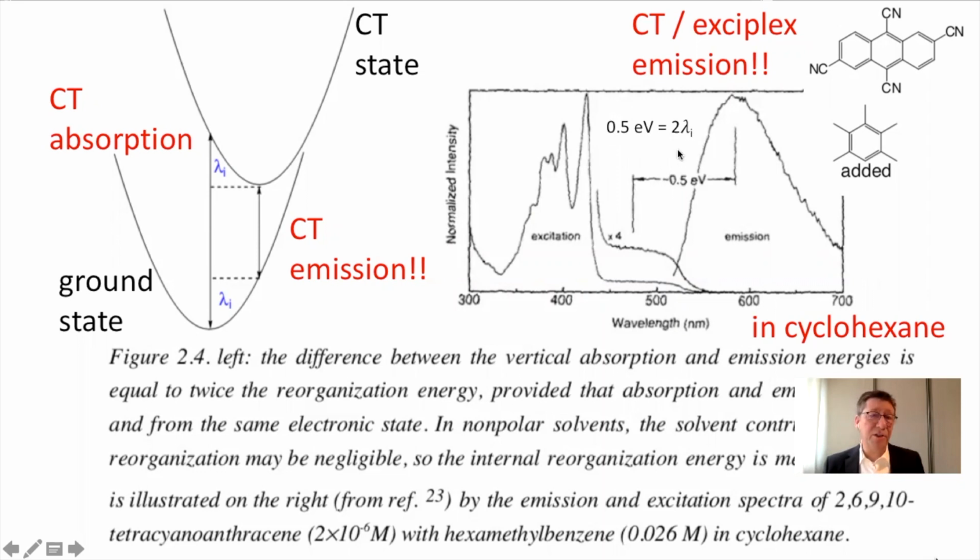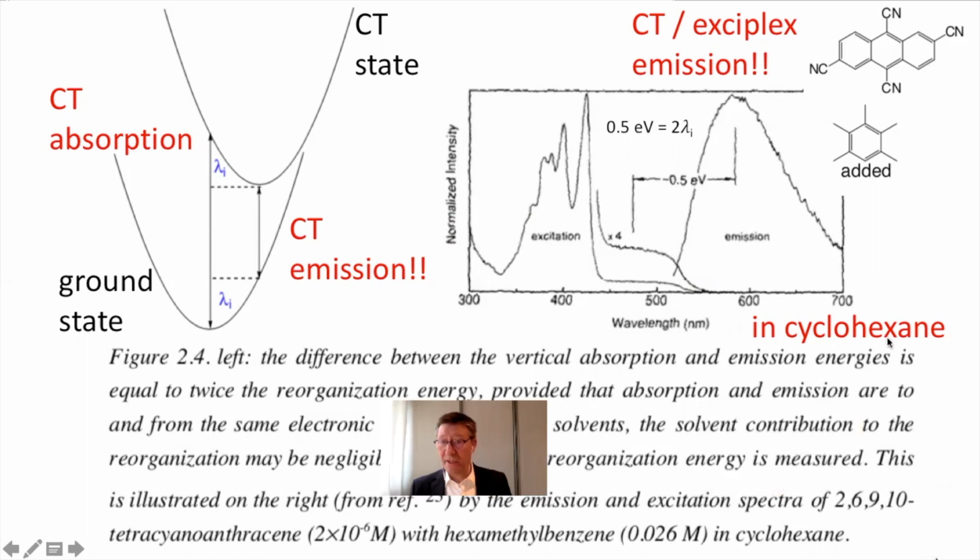So it is the energy that is needed to distort one state into the equilibrium geometry of the other. So that gives you information on the energetics. And this here all is in cyclohexane, so that's a non-polar solvent, where the solvent reorganization is negligible.